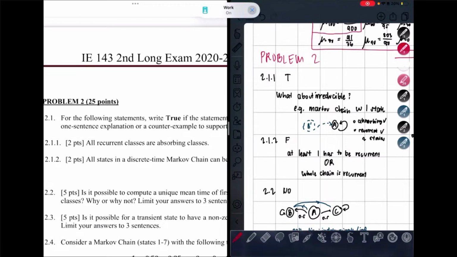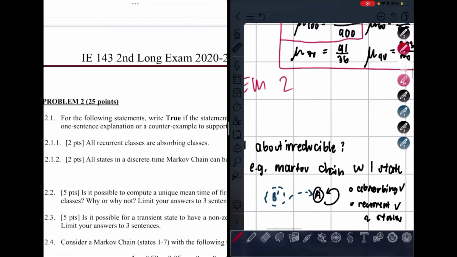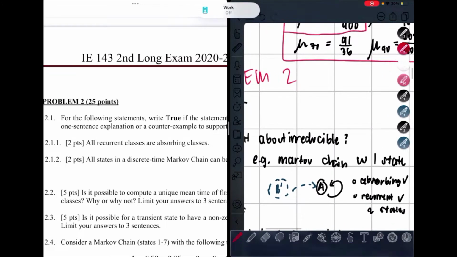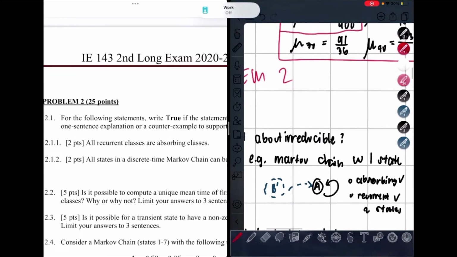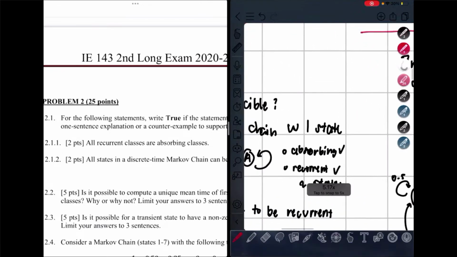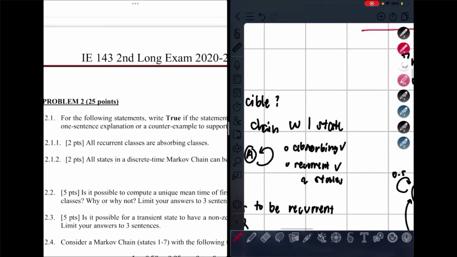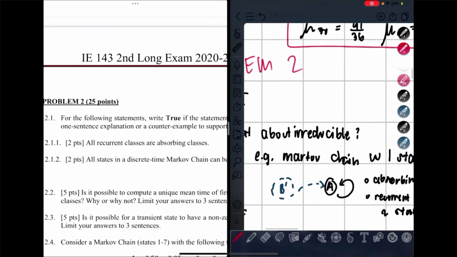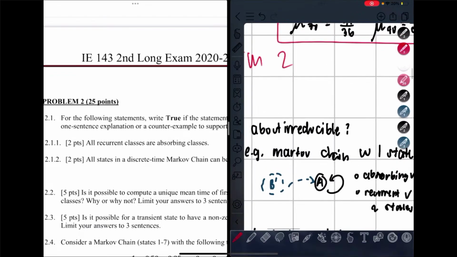This is true. So, I think the one thing you might overthink on is what about irreducible classes? So, in that case, it is still like a recurrent class would still be absorbing. Because, for example, if you had a Markov chain with one state, it's absorbing and it's recurrent. Like even if that's the only thing you see. Because hypothetically, if you added another state, let's say B prime, into it, you would see that it's absorbing.